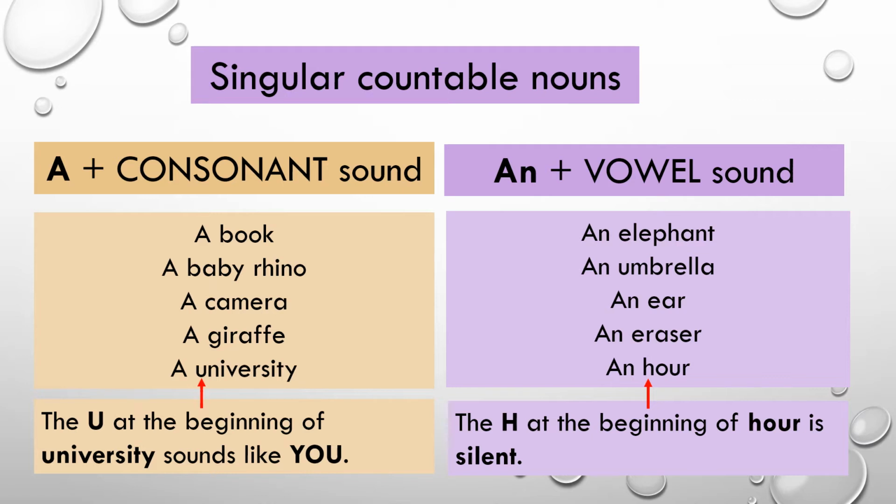So we use an hour, an honor. Huruf H di permulaan perkataan hour ialah hurufnya disenyapkan. Jadi dia seolah-olah berbunyi sebagai huruf vowel, iaitu an hour. Sebab tu kita guna artikel an.